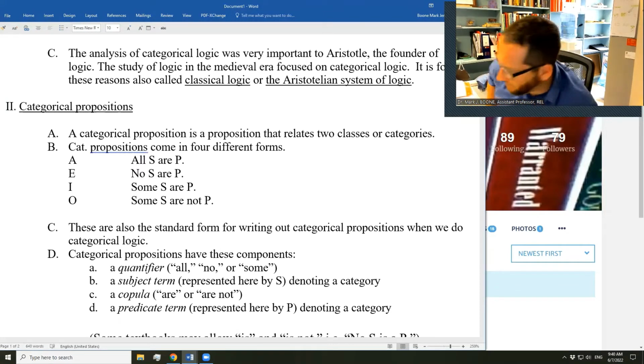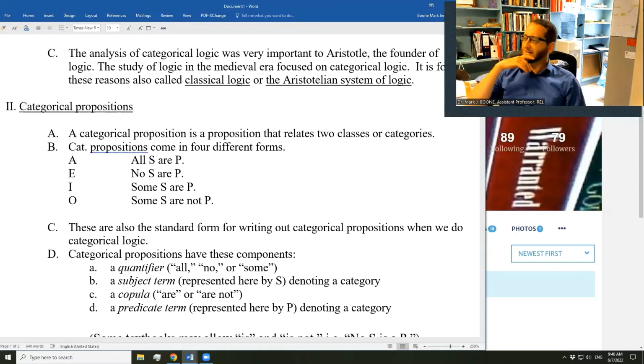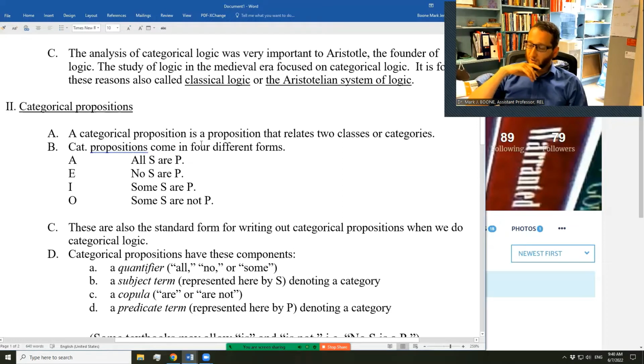Okay, at the risk of some redundancy, let me say 2 things. First, all categorical propositions come in one of those 4 forms.